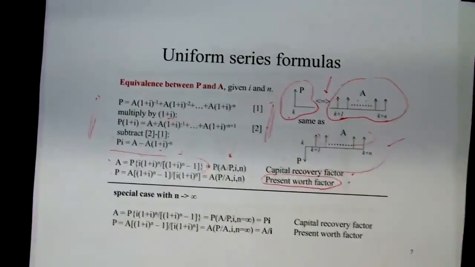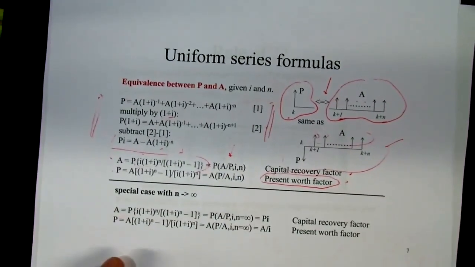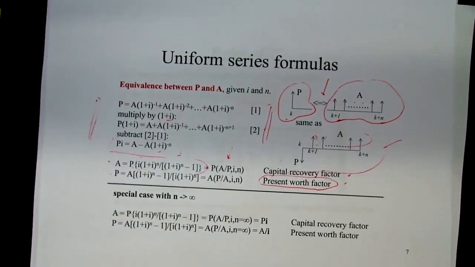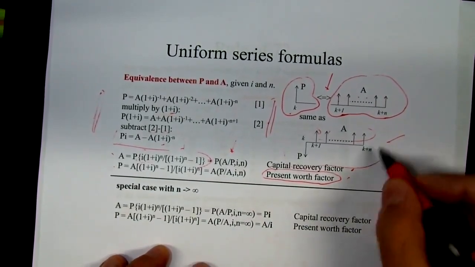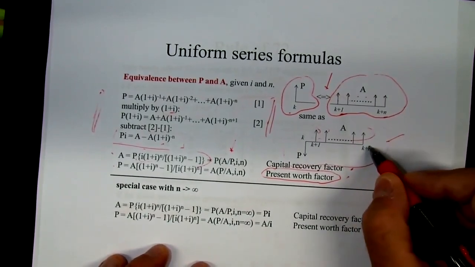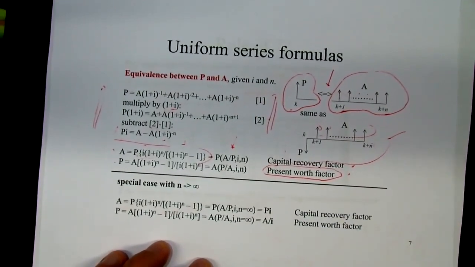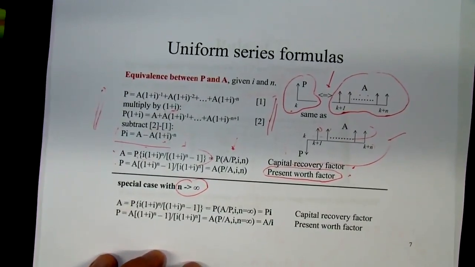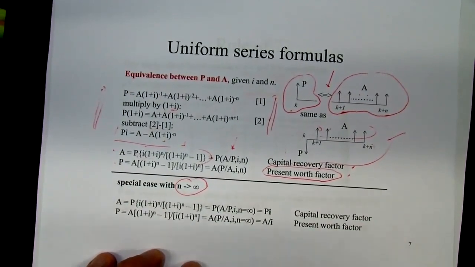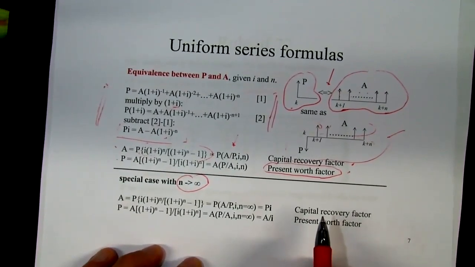Before I go to the example, time permitting, there are a couple of special cases when the number of periods associated with this equivalence goes to infinity. You may say, that doesn't make any sense. Nobody's going to pay forever. Nobody's going to get the money forever, right?